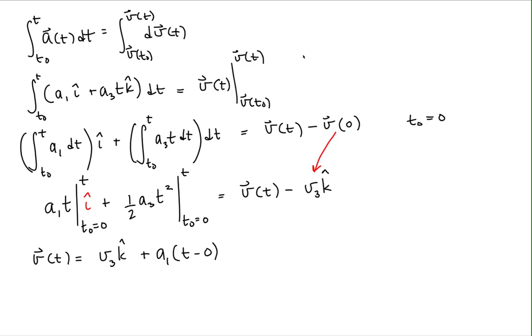And I have to put our z component here and our z component up here. Okay. So this x component is a1 t minus 0 i hat. And then we have plus 1/2 a3 times t squared minus 0 squared k hat.